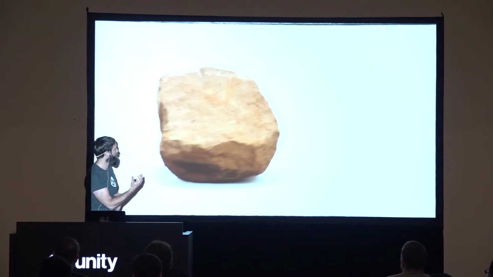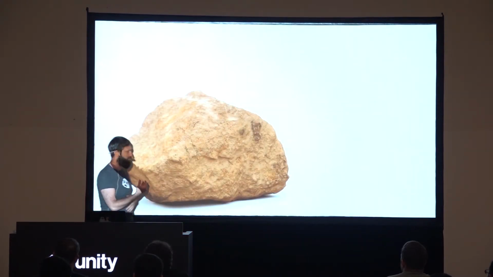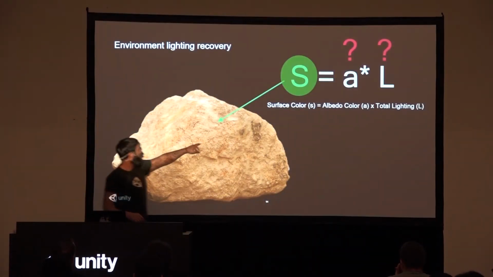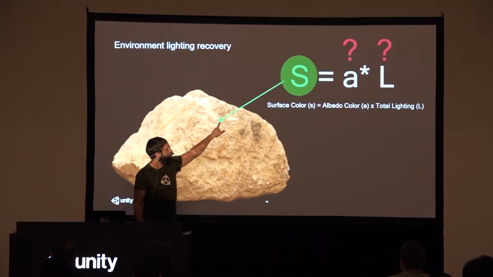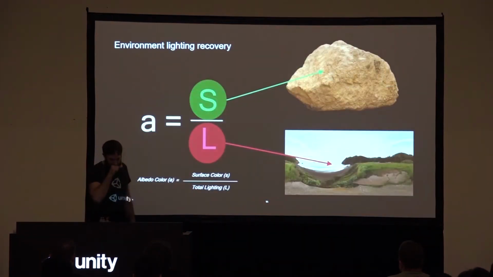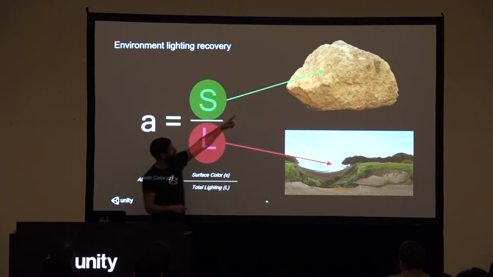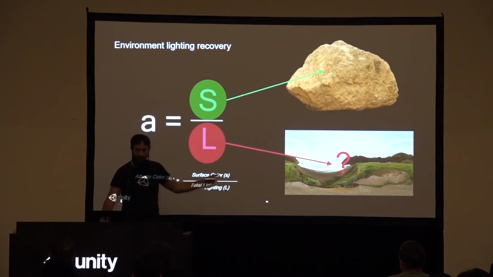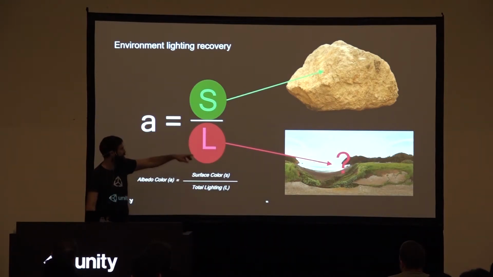Cyril is a technical artist, so he likes to do these kinds of animations and visuals, but it's beautiful. So on one point of this surface, you need to find the albedo and the total lighting. The albedo is actually the color that you have already. And if you find this environment map, you're good.